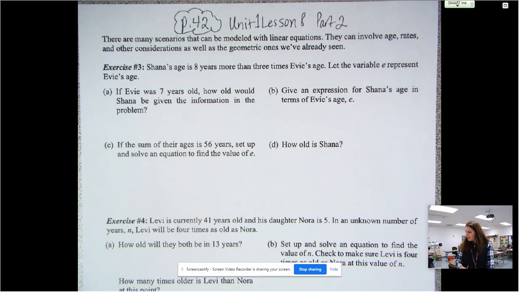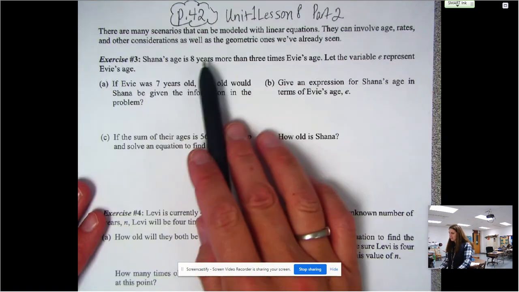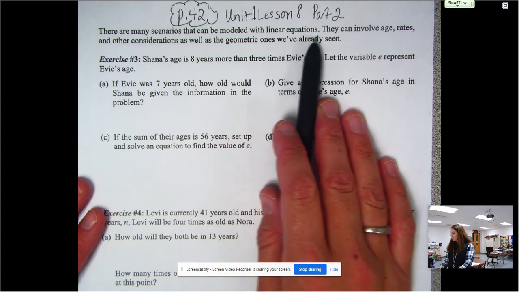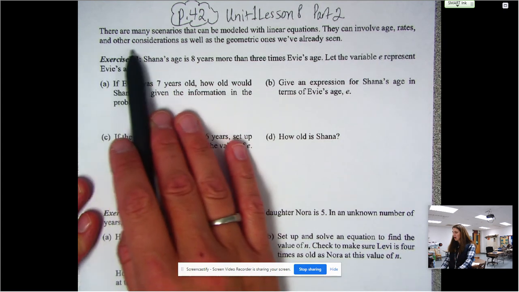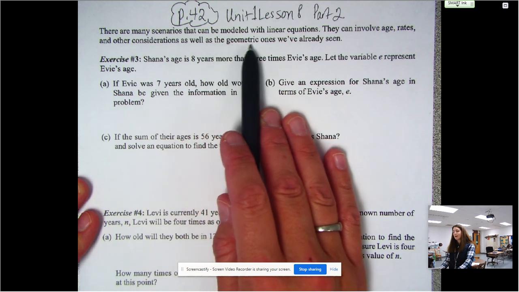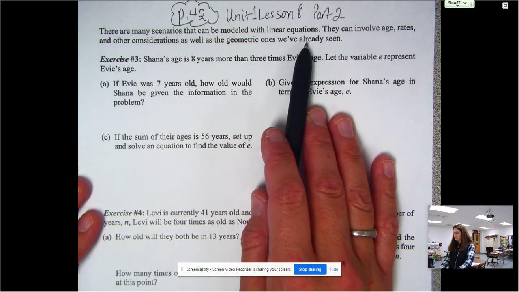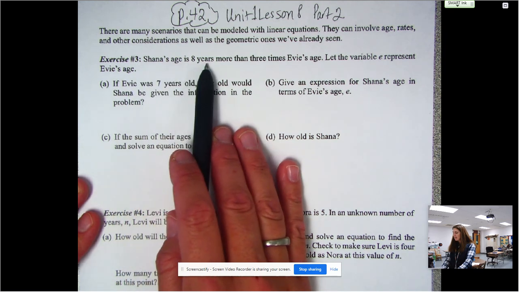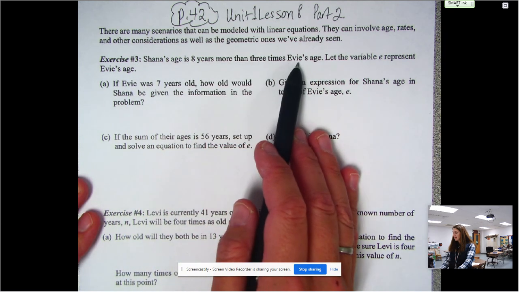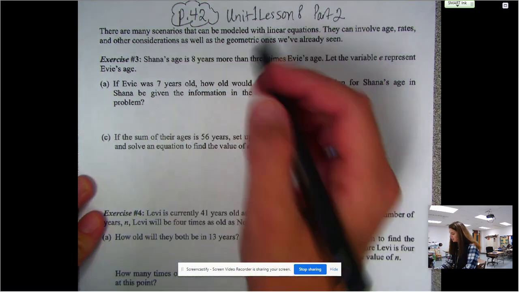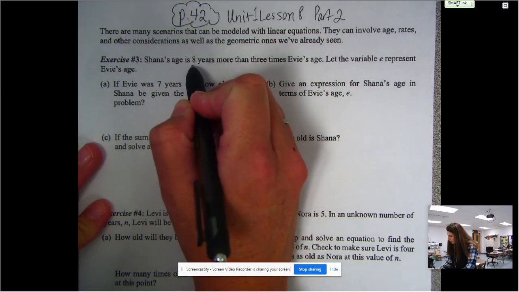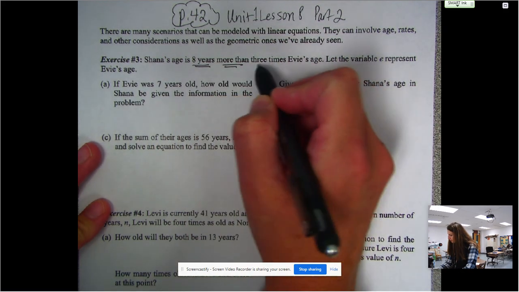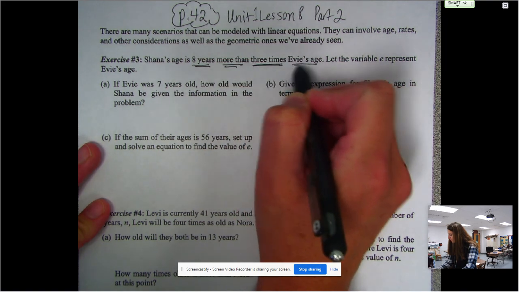So here we go. There are many scenarios that can be modeled with linear equations. They can involve age, rates, and other considerations as well as the geometric ones that we studied yesterday. Exercise number 1. Shauna's age is 8 years more than 3 times Evie's age. So let's underline some of that. 8 years more than 3 times Evie's age.